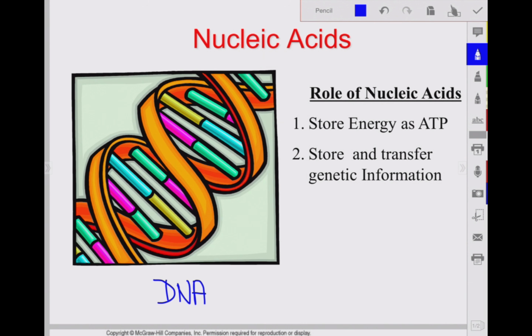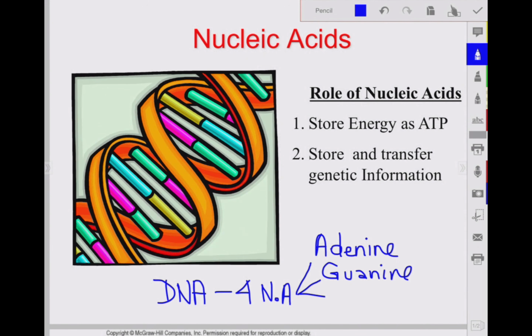What's interesting is that there are 4 nucleic acids: adenine, guanine, cytosine, and thymine.